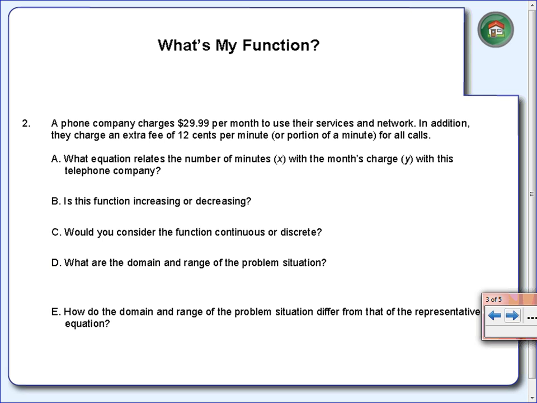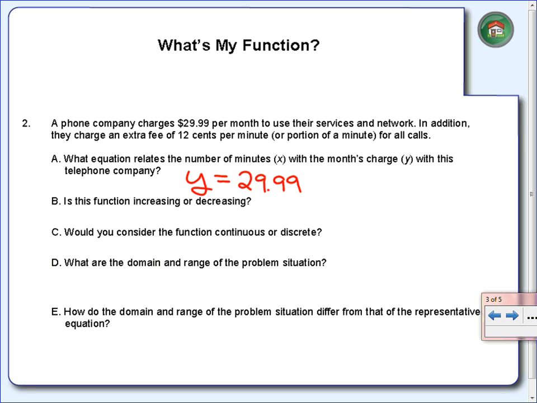So here we go. Y equals, in other words, the monthly charge equals what? How do they charge? What are they charging you for? Well, first of all, they charge you no matter what, how much? $29.99. No matter what, every month you're going to get charged $29.99.